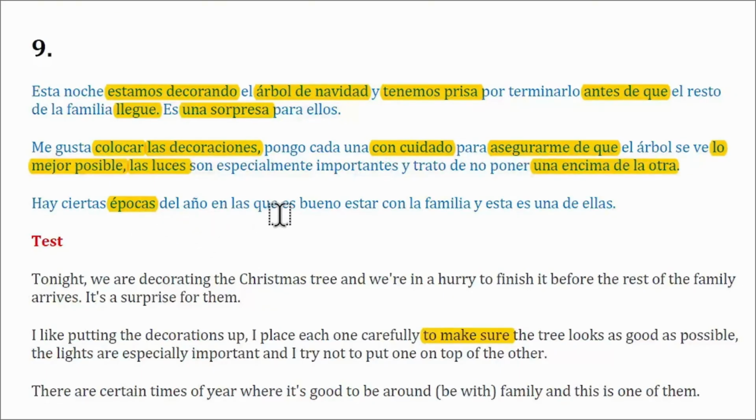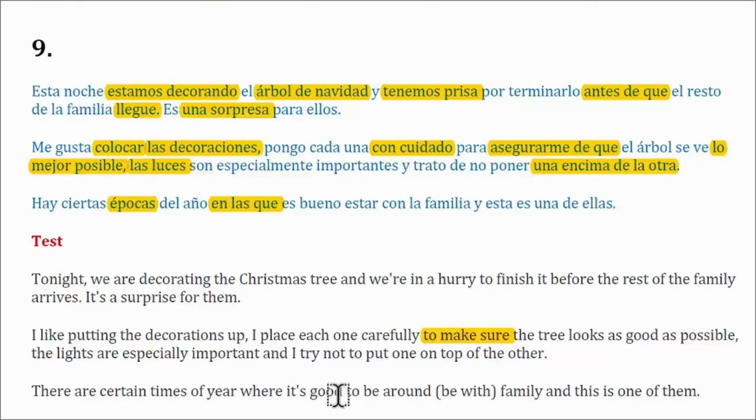Now we have in which and las que. You see again and again the same lessons repeating themselves, which is what I was explaining to you in the introduction. So here we're referring to las épocas, the times, and here we have in which with las in the middle. Es bueno estar con la familia.